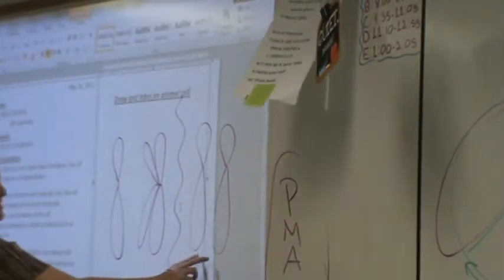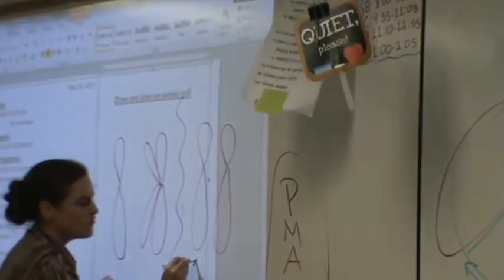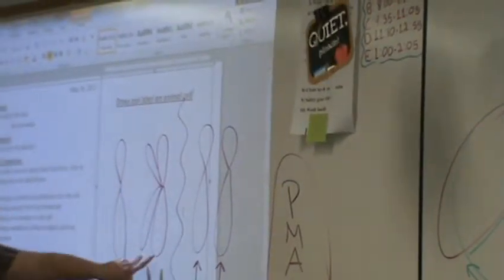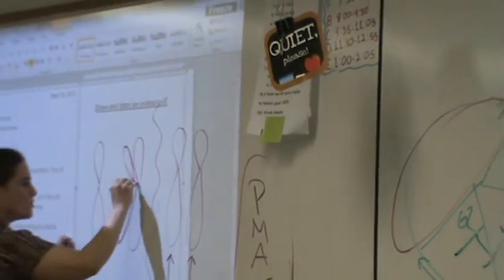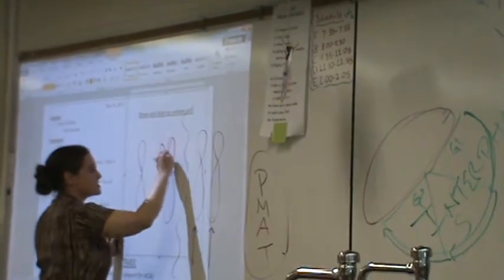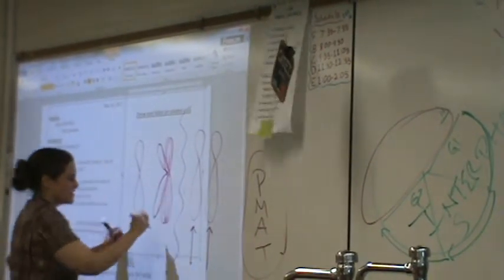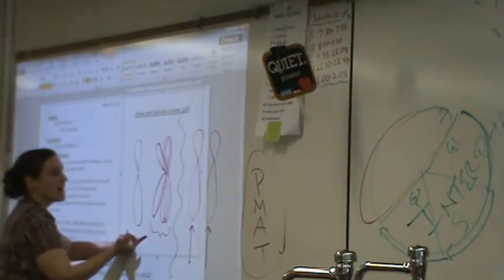What are you calling homologous? This or this? Right. These are homologs. One from mom, one from dad. Great. These are not homologs. This is one chromosome copied after S phase. This is the copy. This is not chromosome from mom, chromosome from dad. This is one chromosome from mom.